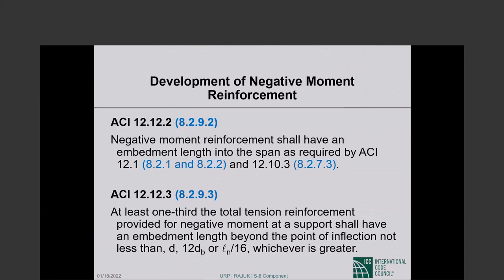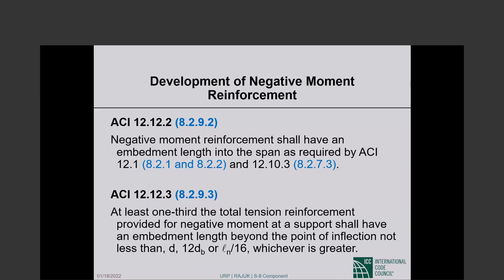Now, this is important. At least 1/3 of the total tension reinforcement provided for negative moment at a support shall have an embedment length beyond the point of inflection not less than D, 12 bar diameters, or 1/16 of the span, whichever is greater.